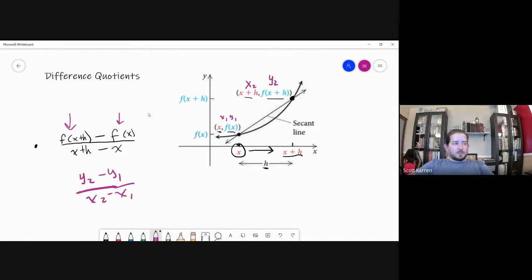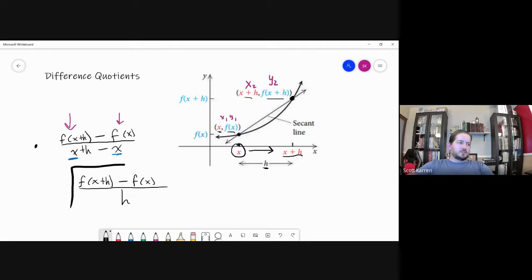But if I clean this up a little bit, let me erase this guy here. I have an x and a negative x in the denominator, so that simplifies out. And I end up with f of x plus h minus f of x. And in the denominator, the x's cancel out and just leave me with h. Right? So this is called the difference quotient.